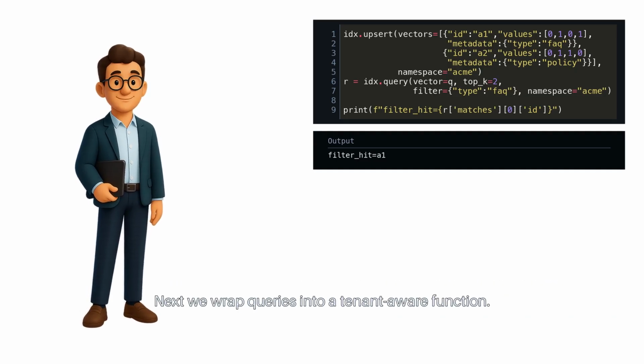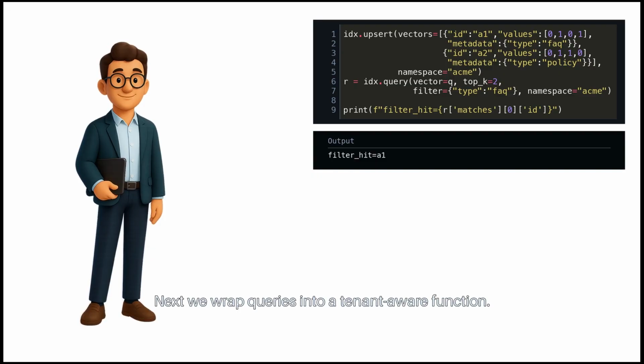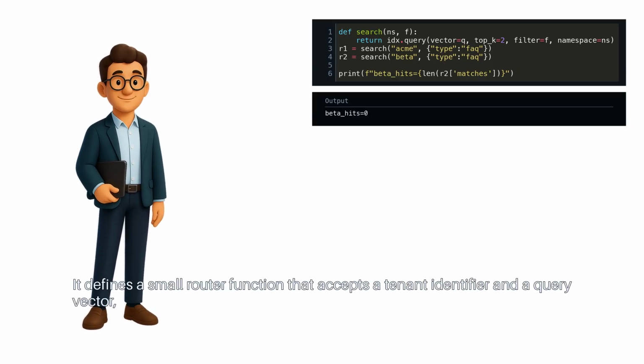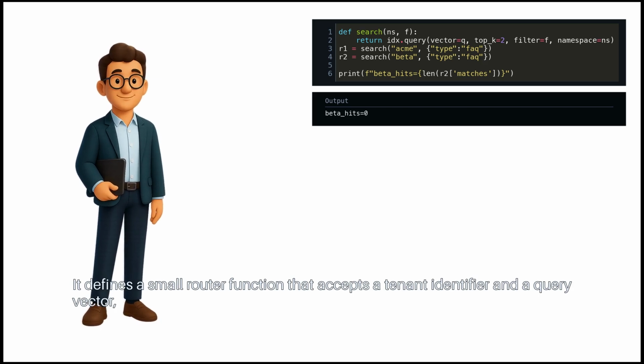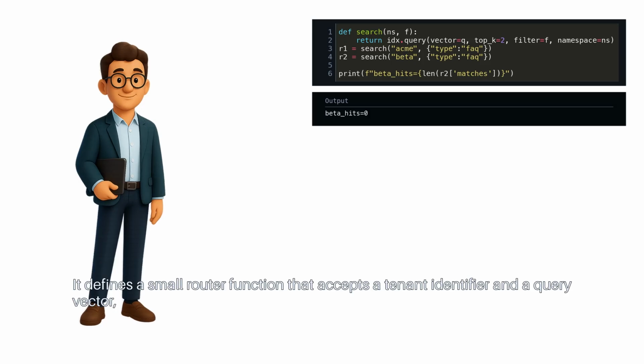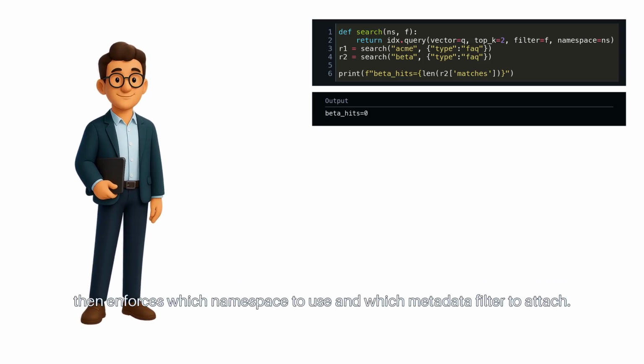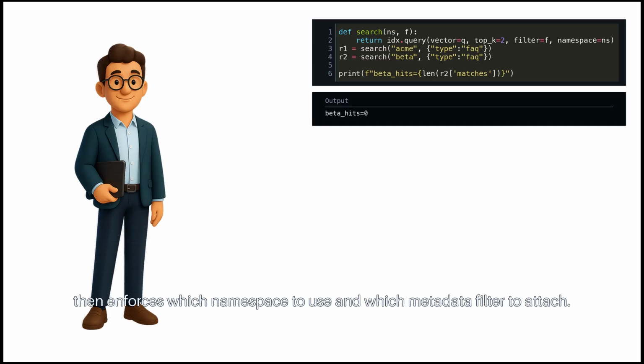Next, we wrap queries into a tenant-aware function. This snippet wraps Pinecone queries for tenant routing and filter enforcement. It defines a small router function that accepts a tenant identifier and a query vector, then enforces which namespace to use and which metadata filter to attach.